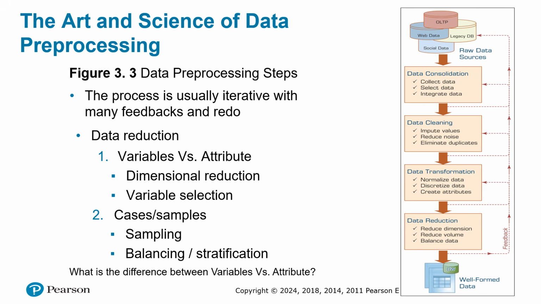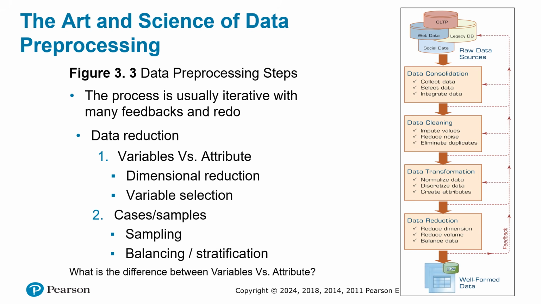Yes, this is data preprocessing. In the first class we talked about basic ideas like variable and attribute. We will explain this again because it comes from your lecture, the book content text.